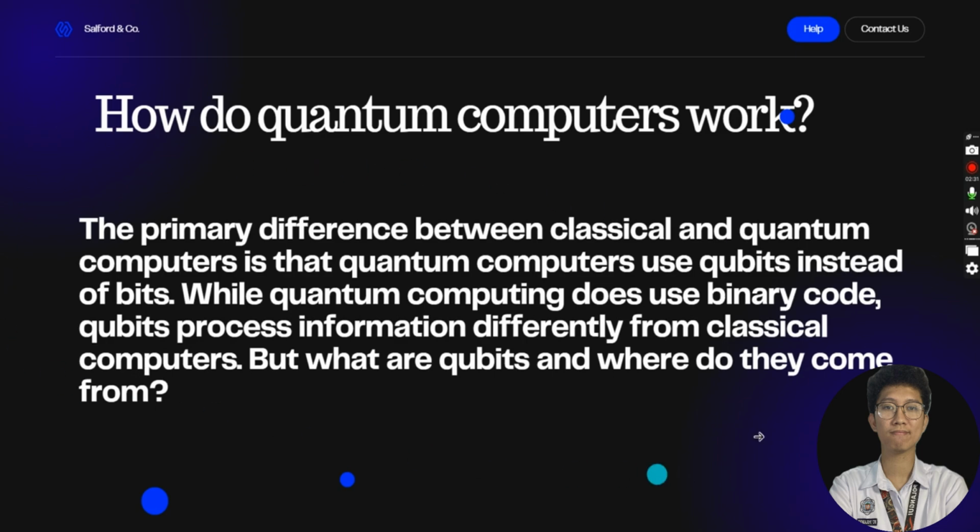As we said earlier, it uses qubits instead of bits. While quantum computers do not use binary code, qubits process information differently from classical computers. So imagine, for example, a computer can crack an 8-digit password in, let's say, 1 year.